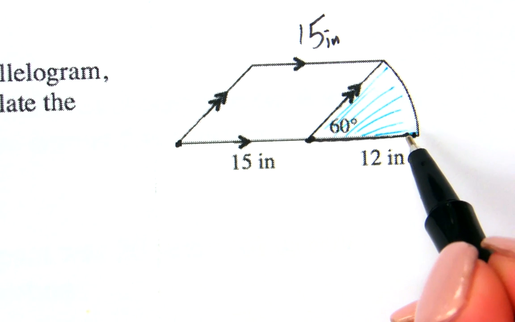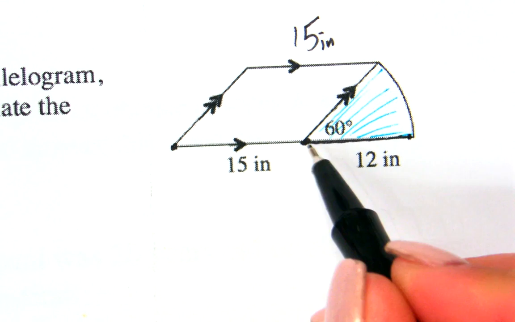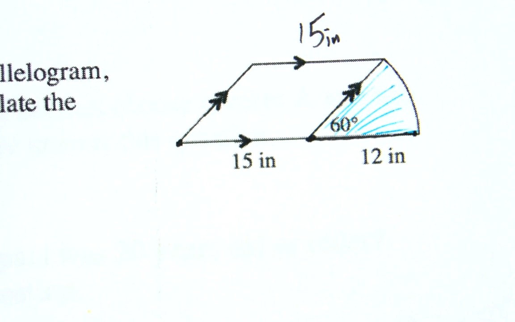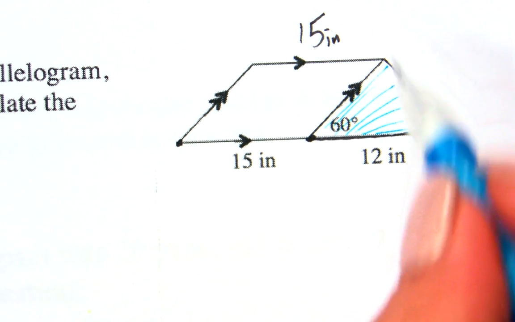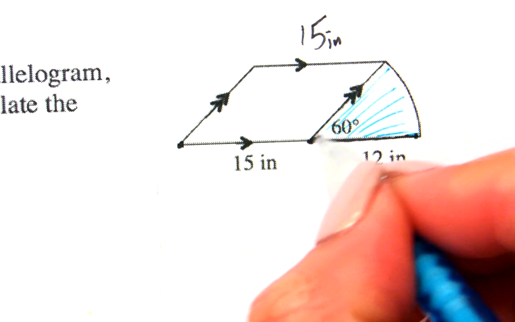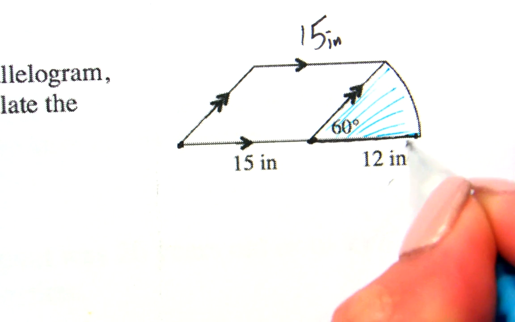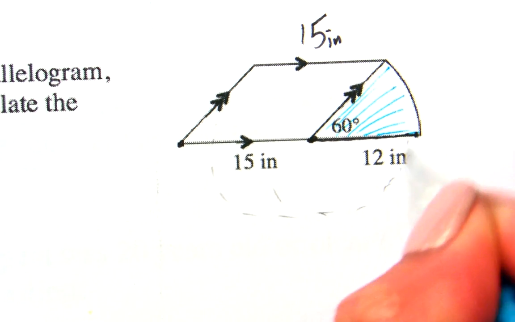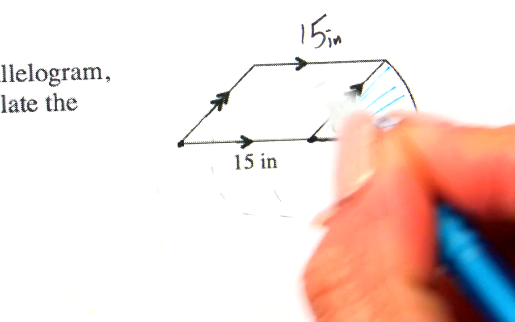And so if you can think of it like a radius of a circle, which is really what it is, since this is a sector, then since that is a radius of a circle, and I guess we're kind of going this way here. Wow, this is horrible, but that's okay. There's a circle.